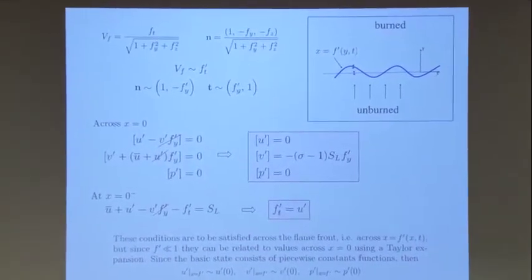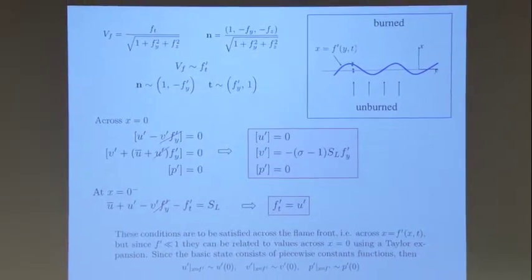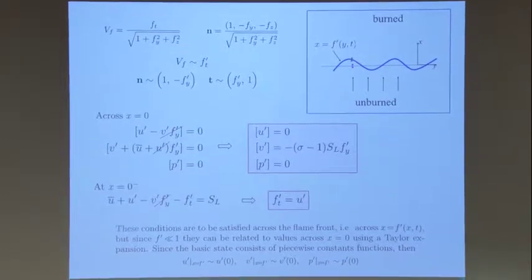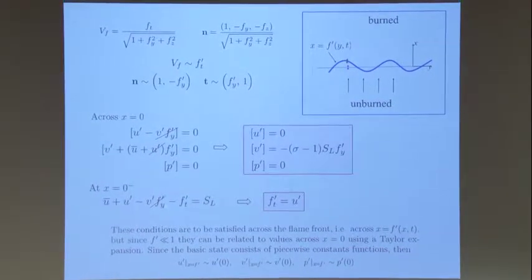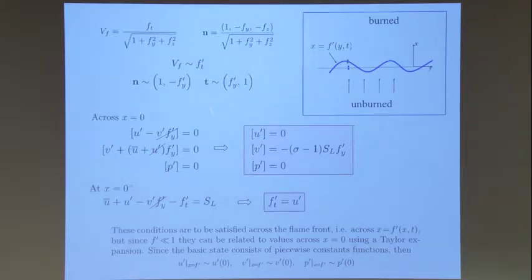But before finishing the problem, you also have to take the jump relation across the flame and also perturb them. Note that when you look at the small perturbation, the normal is essentially in the x direction with a small perturbation, that is the inclination of the normal, right?